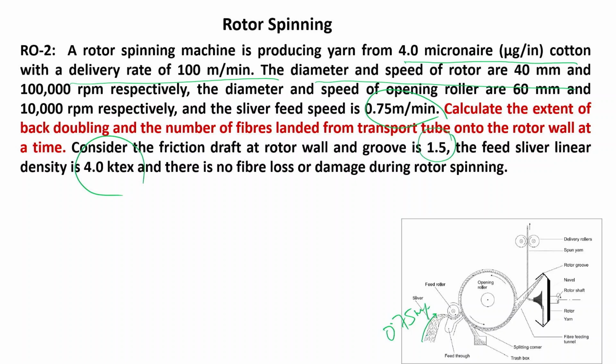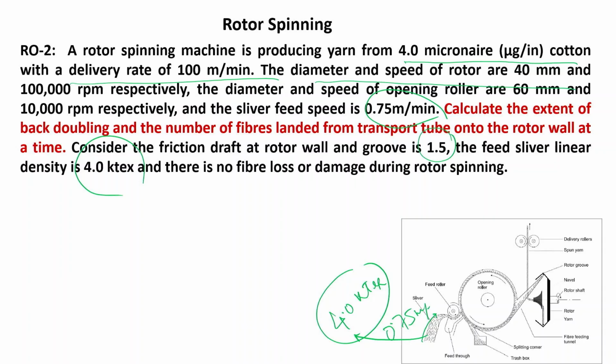So, here the sliver feed is 4 kilotex. There is no loss of fiber or damage during it. So, 4 kilotex is given as the linear density of sliver, and yarn delivery rate is given, but yarn count is not given.